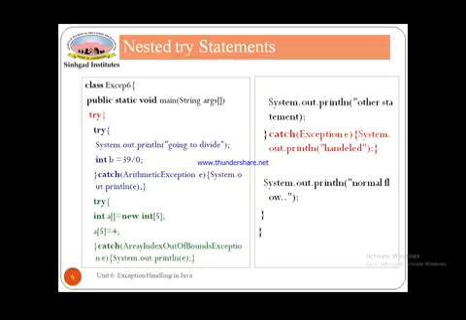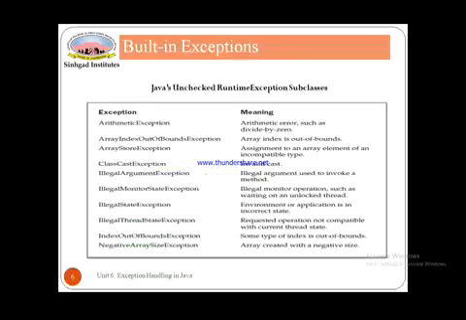These are called unchecked exceptions because the compiler does not check to see if a method handles or throws these exceptions. Exceptions defined by java.lang that must be included in a method's throws list if that method can generate one of these exceptions and does not handle it itself are called checked exceptions.